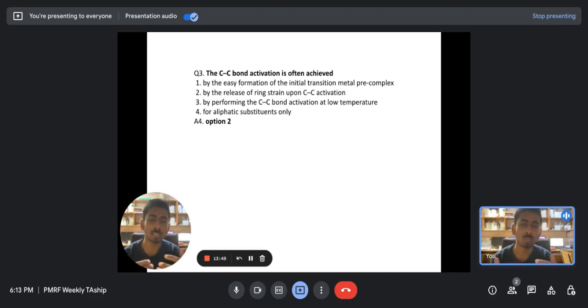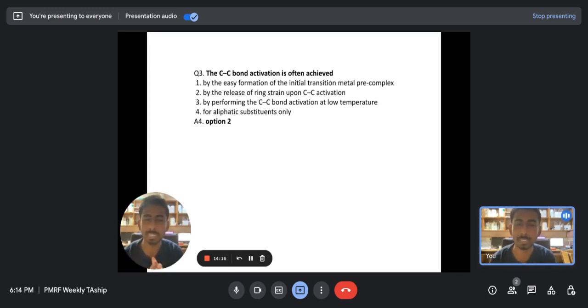For favoring a reaction, we have to perform it at a comparatively higher temperature, because the activation energy is quite high and the reaction is quite difficult. If we perform the reaction at a lower temperature, the activation will be even slower. So at lower temperature, the C-C bond activation is not going to happen.